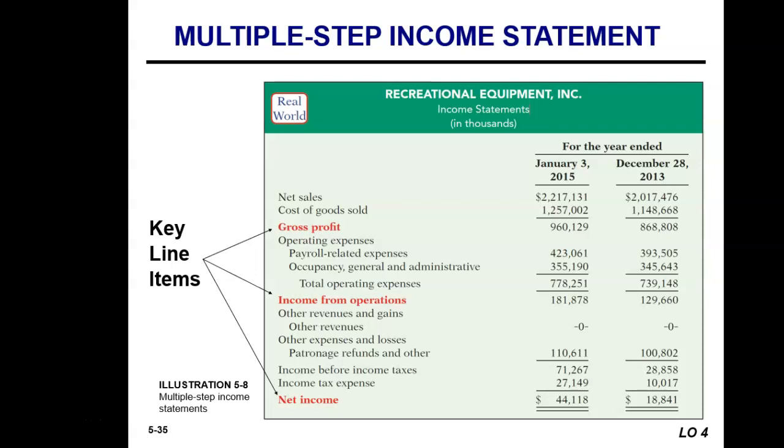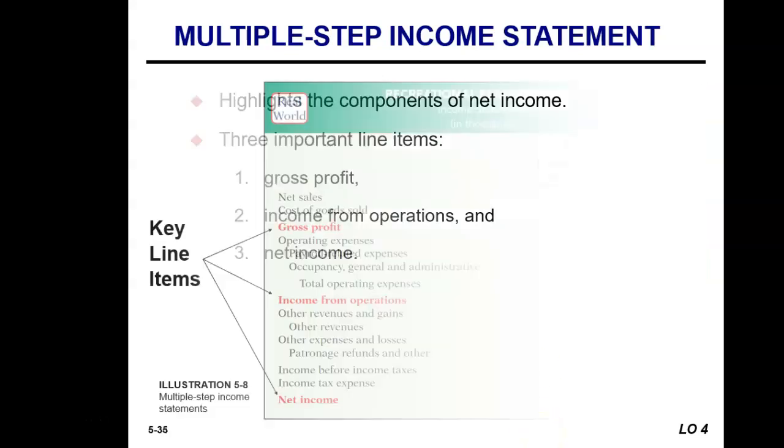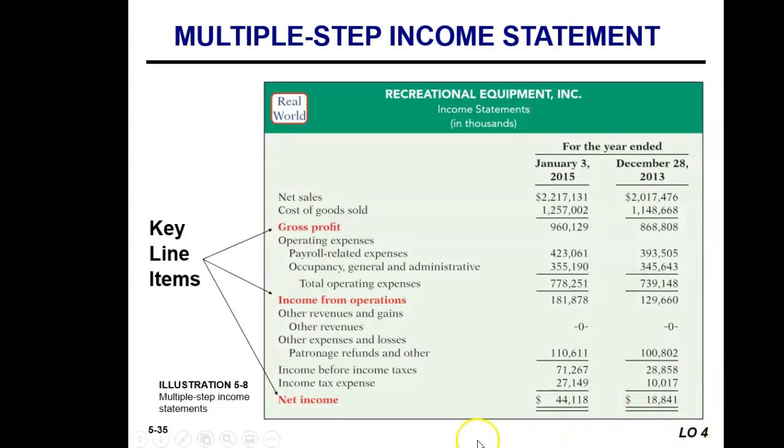So in this situation, they did not have any other revenues, but they did have other expenses and losses. And those are shown separately to get what's called your income before income tax. Now, every company is assigned an income tax rate based upon the amount of their income before income taxes.